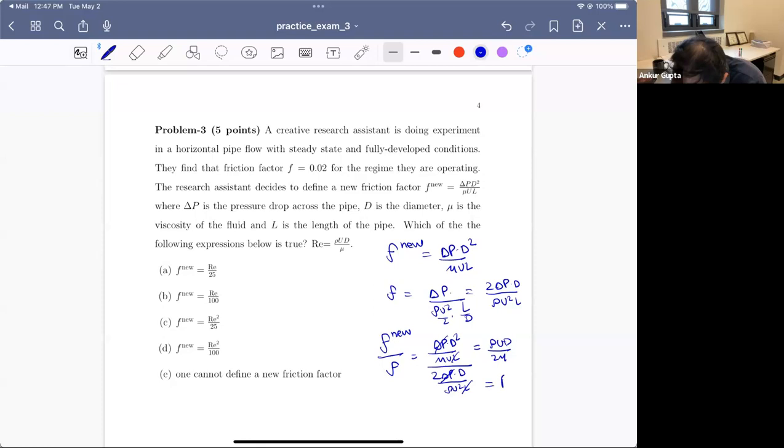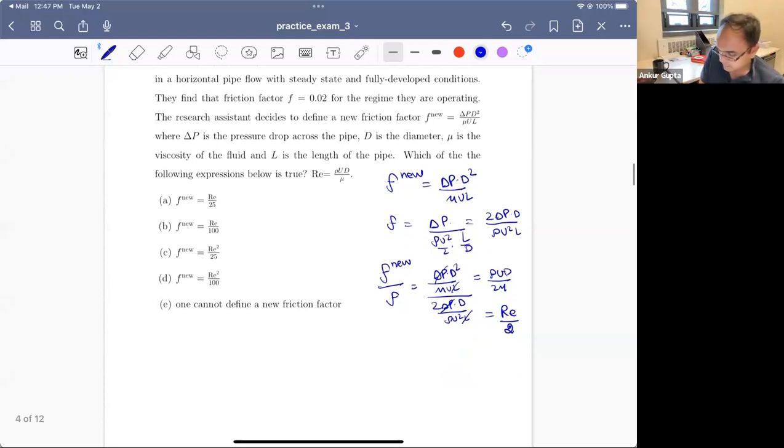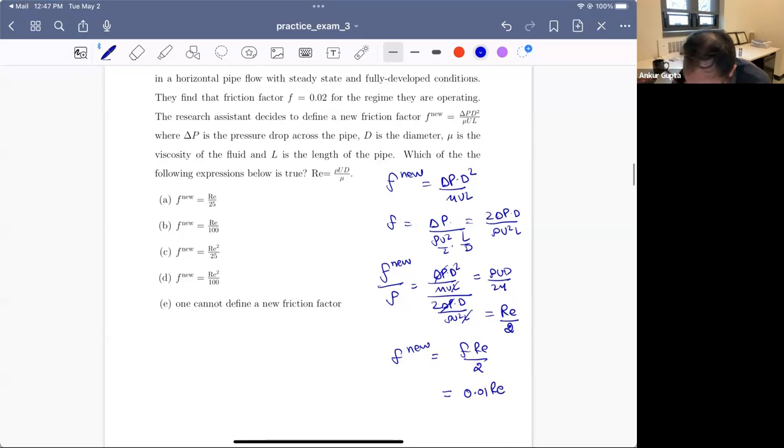This is Reynolds number by 2. So F nu becomes friction factor times Reynolds number by 2. And this friction factor is 0.02, so it's 0.01 times Reynolds number, which means RE by 100. So this is the answer B.